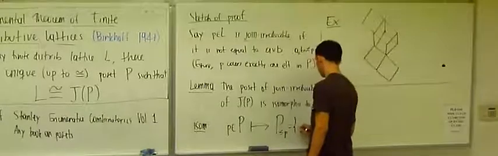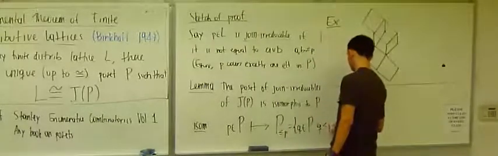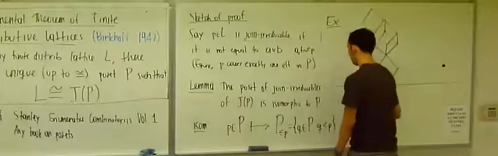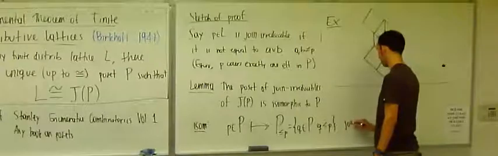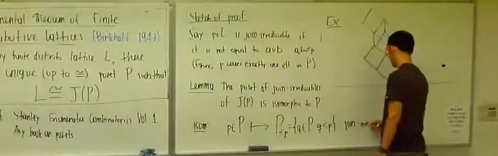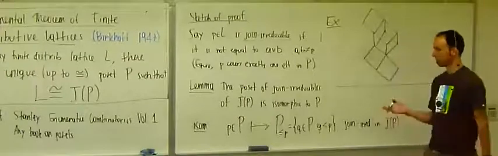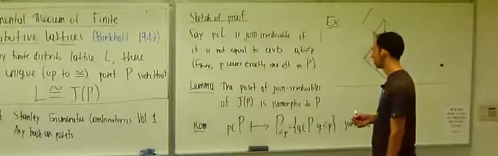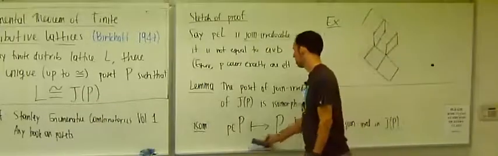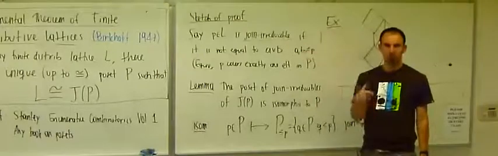These are the elements of P which are less than or equal to little p, which is a join irreducible in J of P. Okay? That's the bijection. And so that shows that if you start with a poset P and you build J of P, then that tells you how to recover P.